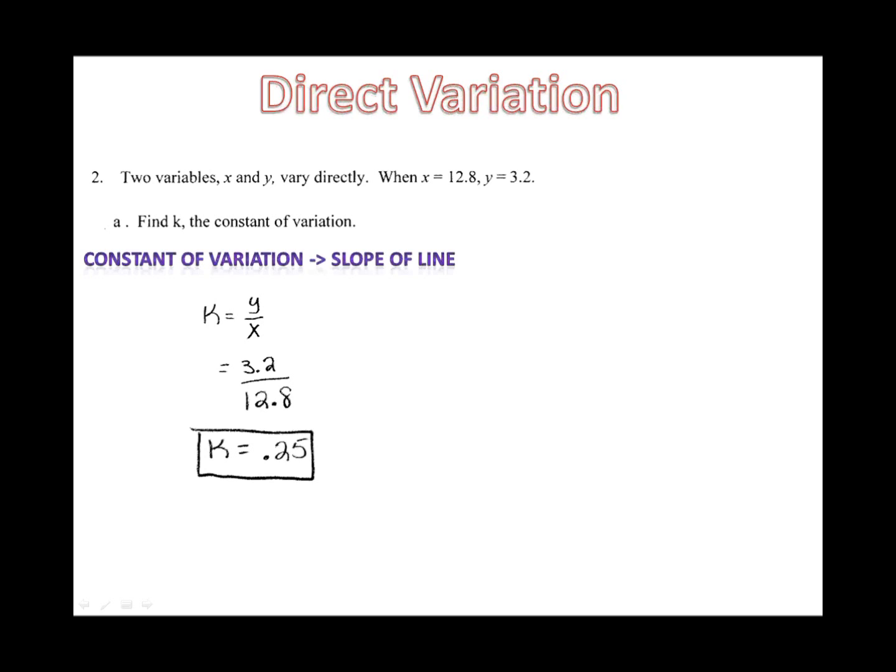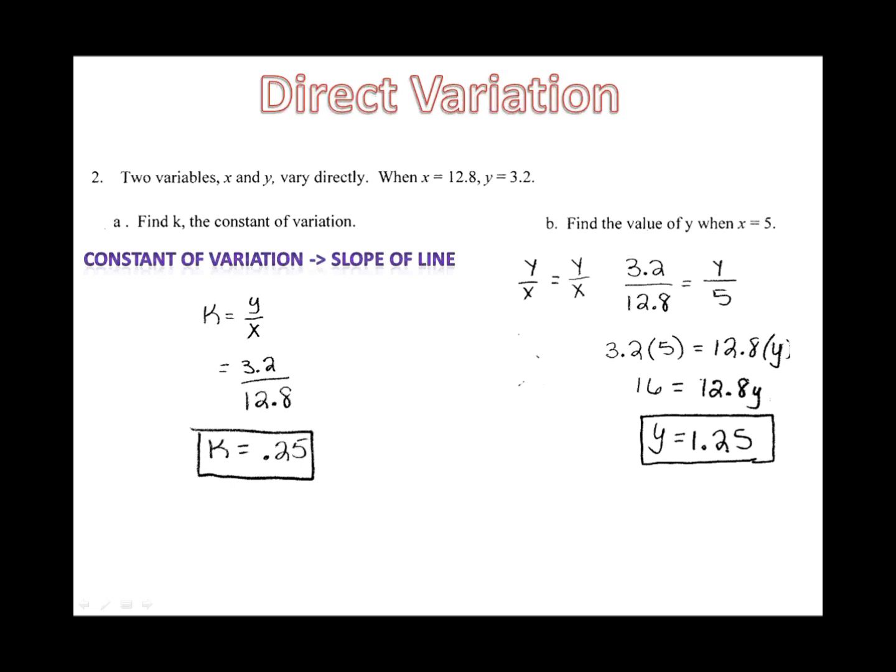That equals 0.25, or 1 over 4. To find the value of y when x equals 5, we can use a proportion. So y over x equals y over x. And then I can plug my numbers in, cross multiply, and solve the equation. When x is 5, y is 1.25.